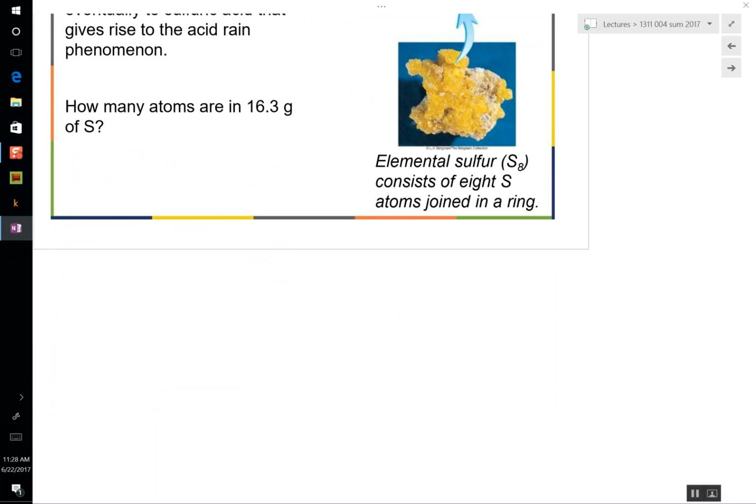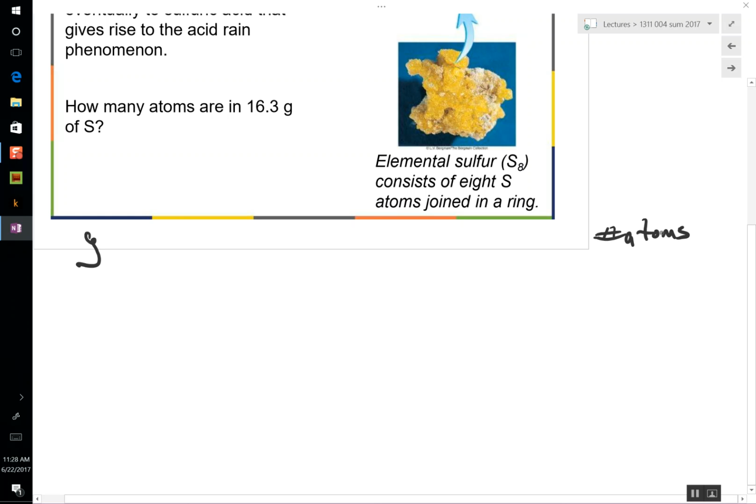Okay, well, let's just do it real quickly. How many atoms are in 16.3 grams? Well, let me erase this for a second. Okay, look at that question. Plan out a strategy when you're solving a problem. I'm given grams. They want to know the number of atoms.